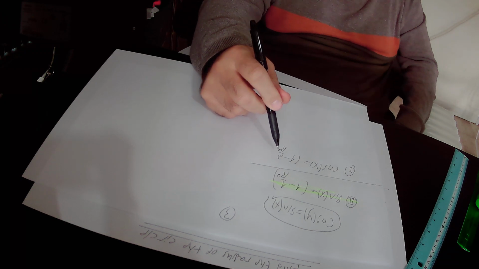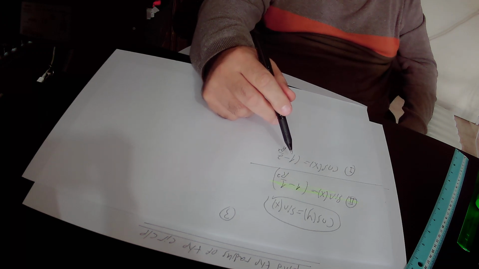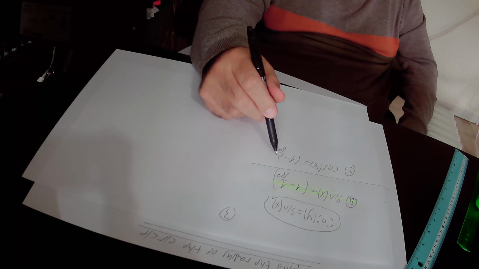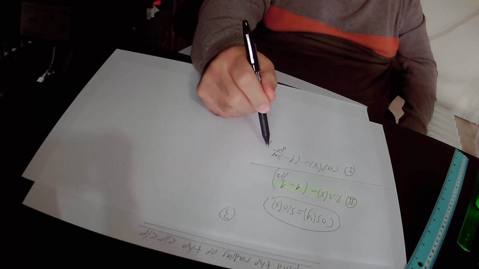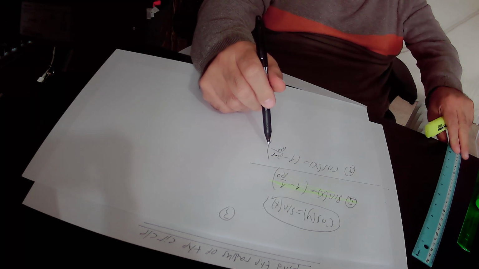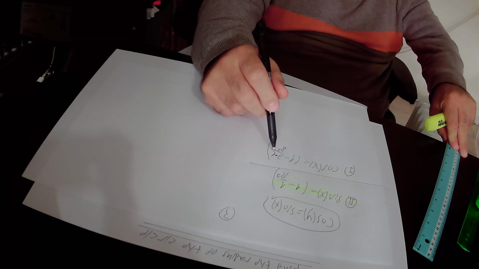It is actually cosine x equals 1 minus 2, and we multiply it by 1. When you multiply some expression by 1, it does not change the value. So it is allowable to do it. Multiply this side and this expression by 1.